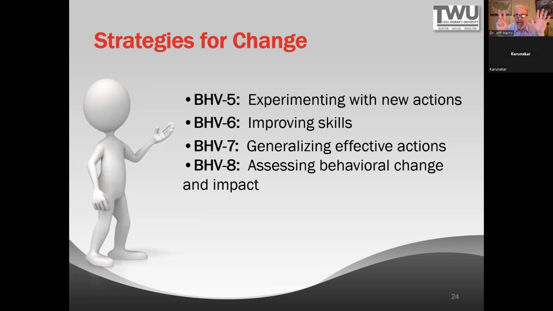Behavioral strategy 7, generalizing effective actions. So taking things that the client has learned inside psychotherapy and applying them in real life. And then the last and 8th strategy is assessing behavioral change and impact and seeing if we might need to shift our focus toward thoughts or feelings.